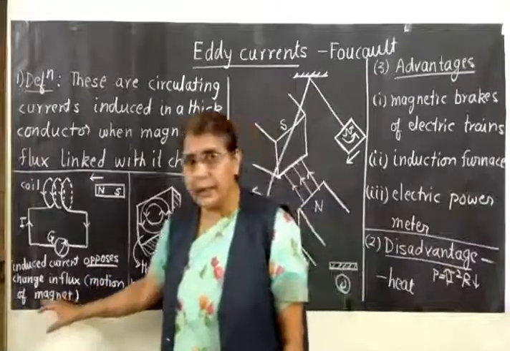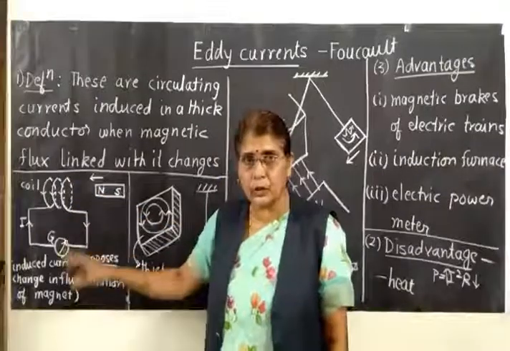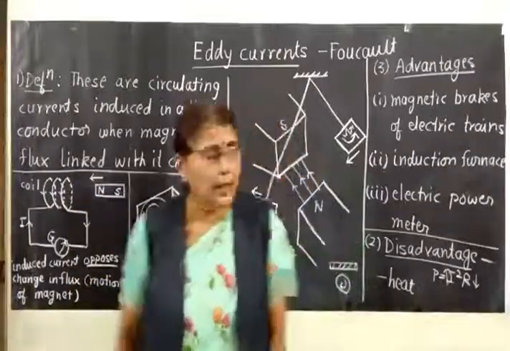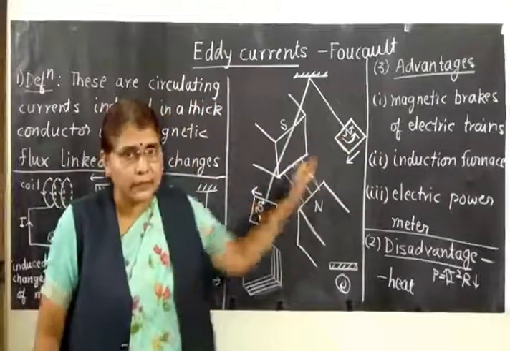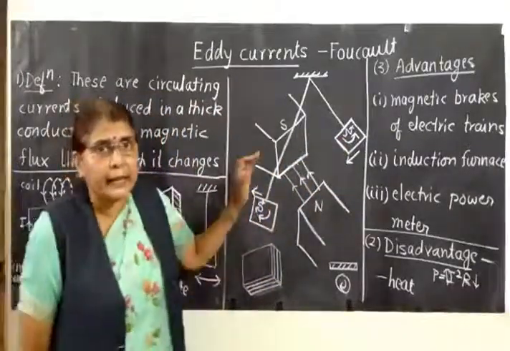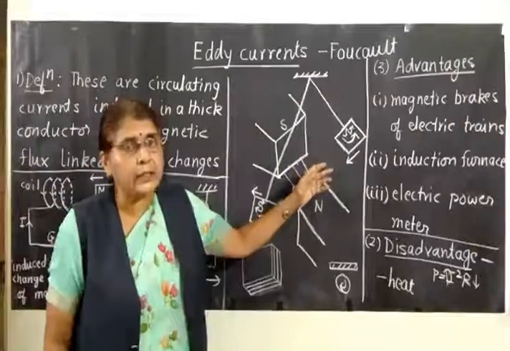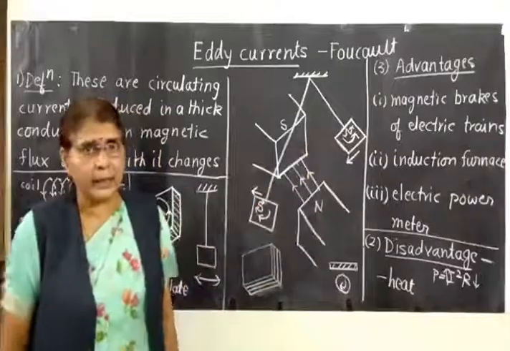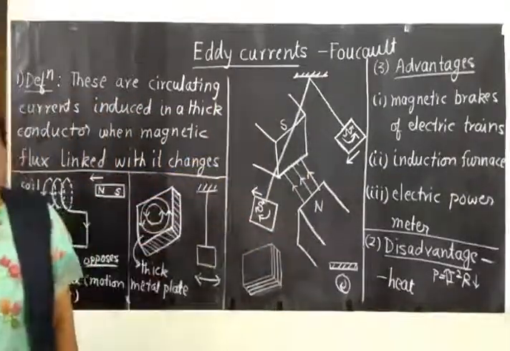Here the motion is responsible for the change in flux, so the induced current opposes the motion. So the currents induced in the plate oppose the oscillations. Therefore, the plate comes to rest very quickly, because the induced currents oppose the motion of the plate. So this experiment demonstrates eddy currents.